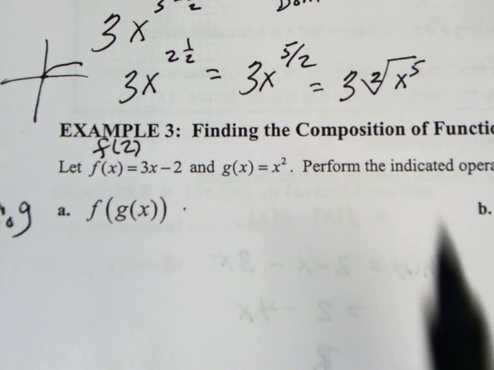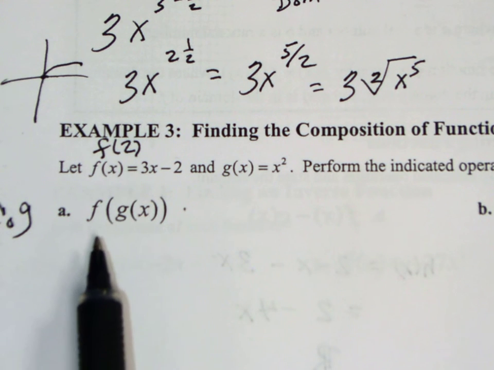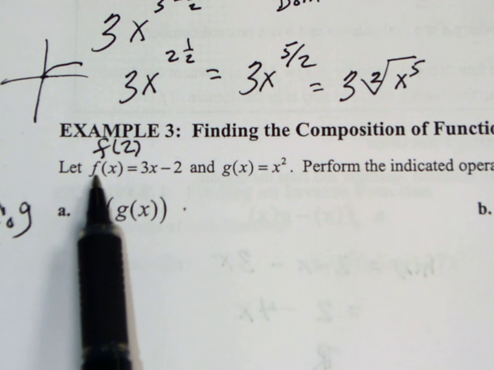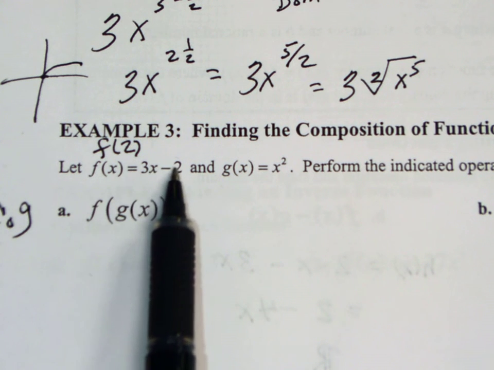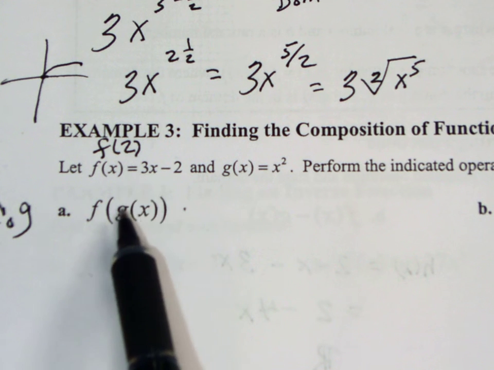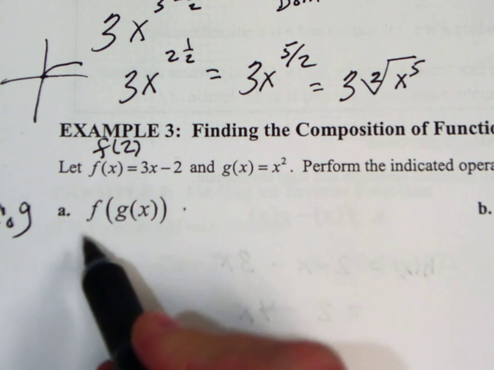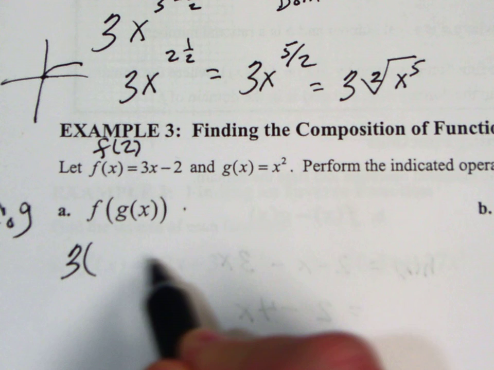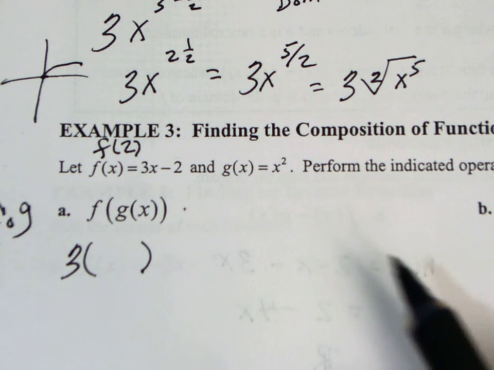What I like to do is start with the one that's on the outside. The one on the outside is f. So I look at f, and f is 3x minus 2. Instead of putting the x, I'm just going to put the parentheses. So I say 3, then parentheses, minus 2.